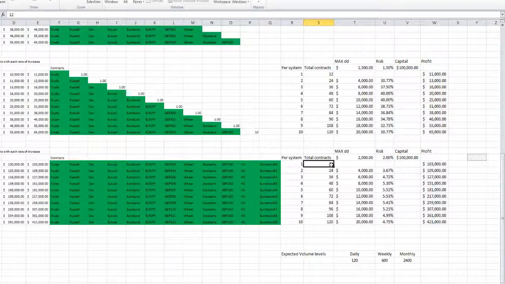So what that means is that our first rate of increase is $103,000. Now, once we get to that $103,000 mark, then we're adding a second contract. Now, because we have these systems perfectly correlated, the max drawdown is very low, we've got the potential here to really accelerate our growth using this money management model.